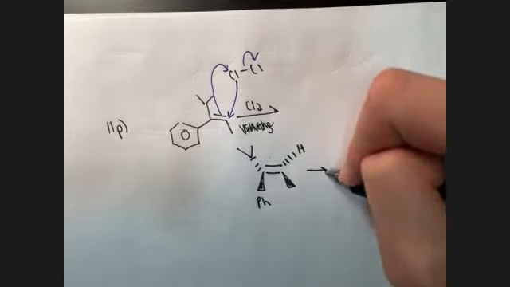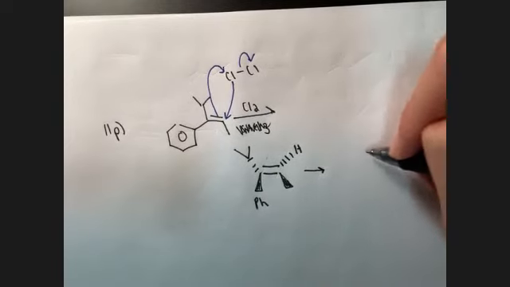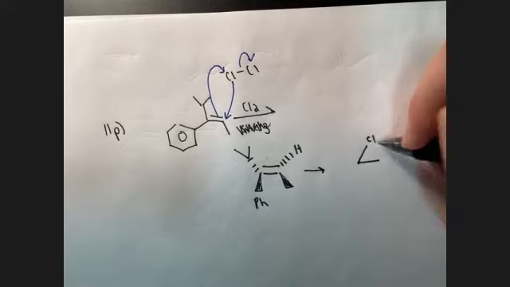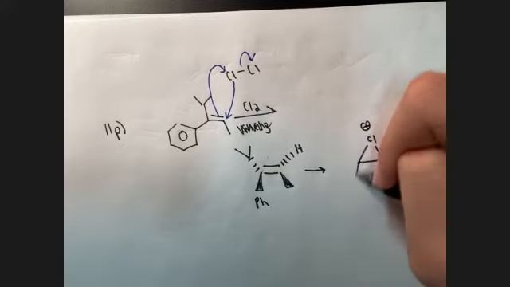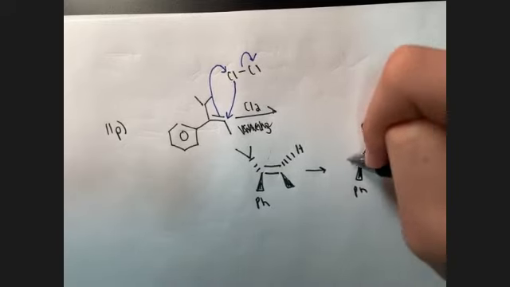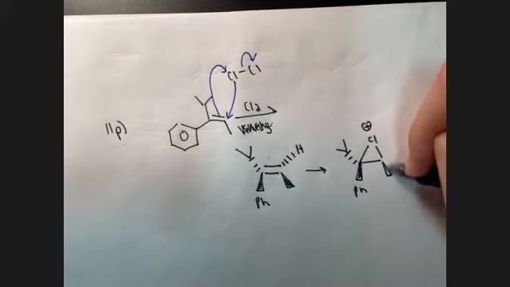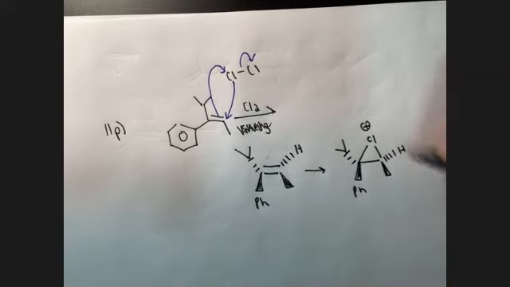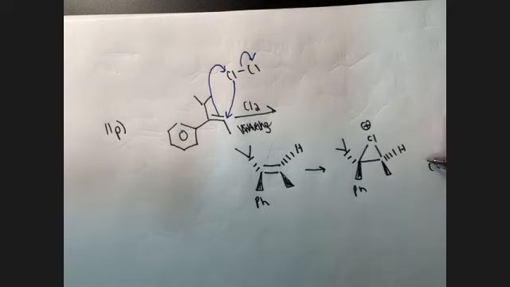So what I typically do when I'm doing this quickly is draw this structure, and I would also draw the other intermediate where it's attacking from the bottom. It's still the same stereochemistry.